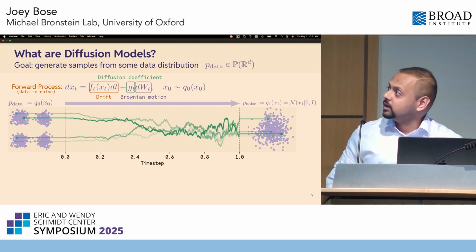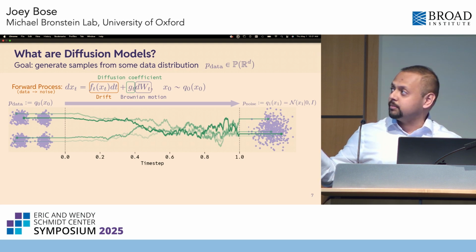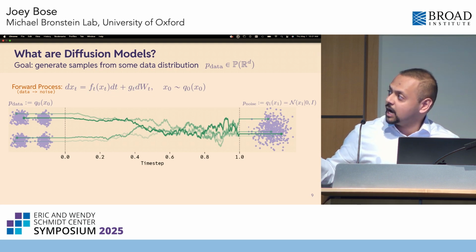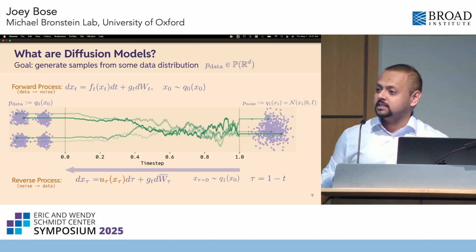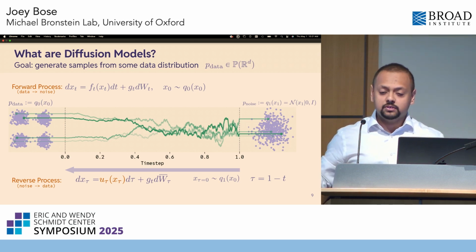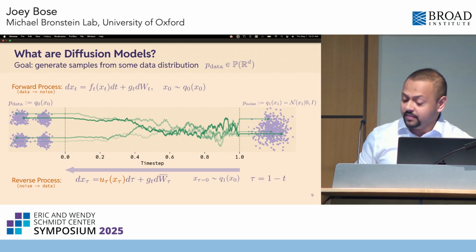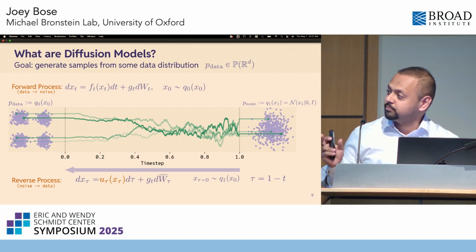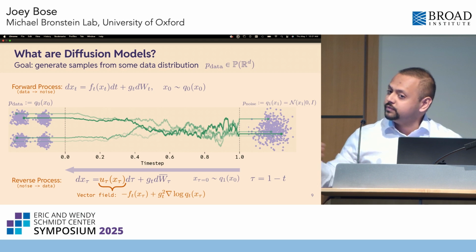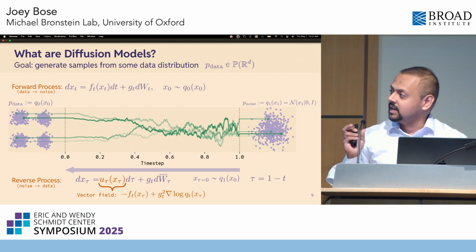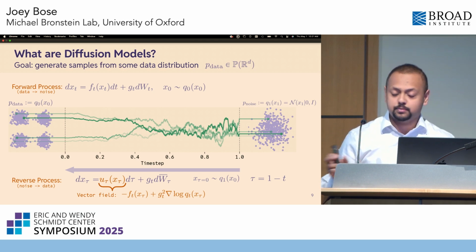Now, importantly, this process has a very nice time reversal, in the sense that you can characterize exactly the reverse process that takes you from this Gaussian distribution back to your data distribution. In this case, this reverse process is also going to be an SDE. And in particular, the vector field that moves you in this reverse process is given to you in analytic form with this expression over here.